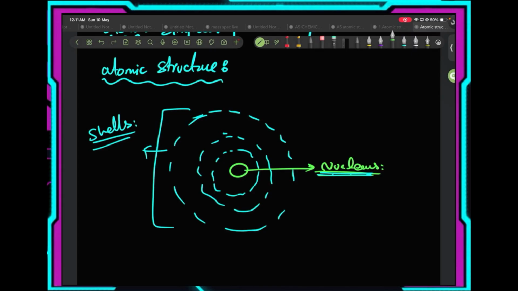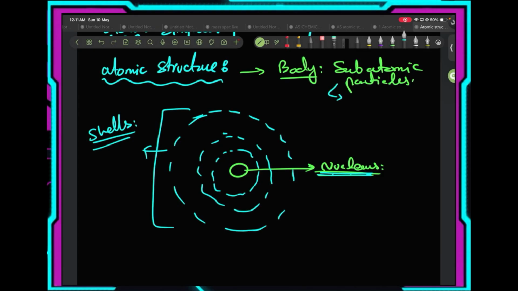Now you also have the body parts of an atom. The body parts of an atom are basically the subatomic particles. There are three types of subatomic particles that you should know, and you should know how to find them by looking at an element's symbol and the numbers written with it. The first one is the positively charged subatomic particle, known as a proton, and the symbol is P with a small positive on the exponent, right?